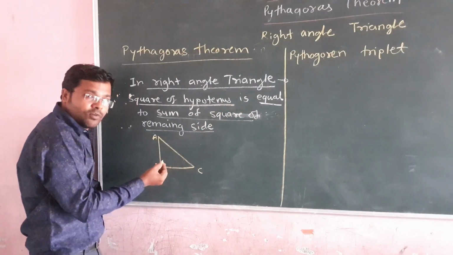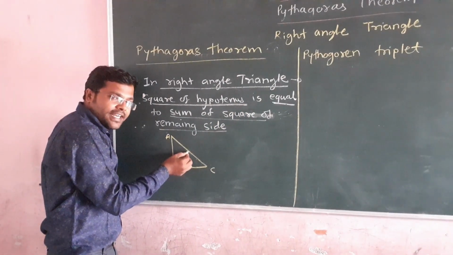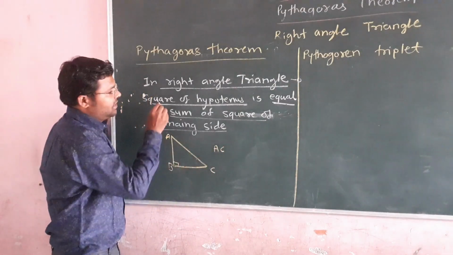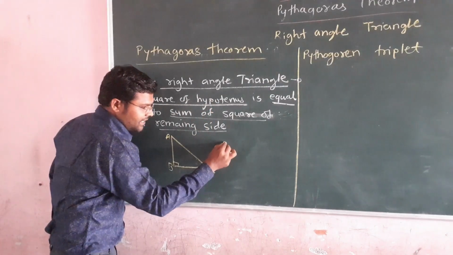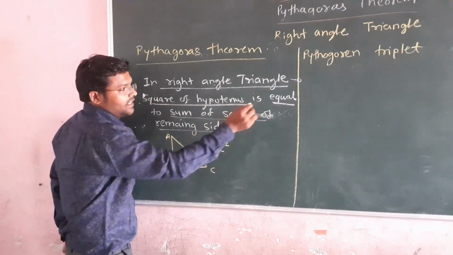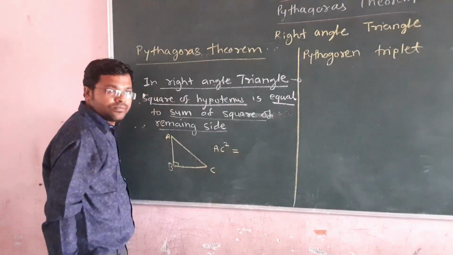Which one is the hypotenuse? Hypotenuse is the opposite side of 90 degree angle. So AC is hypotenuse. Square of hypotenuse, AC square, is equal to.